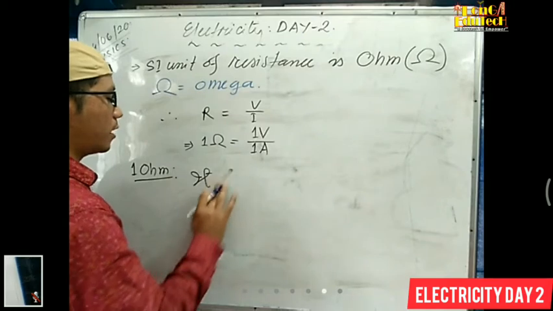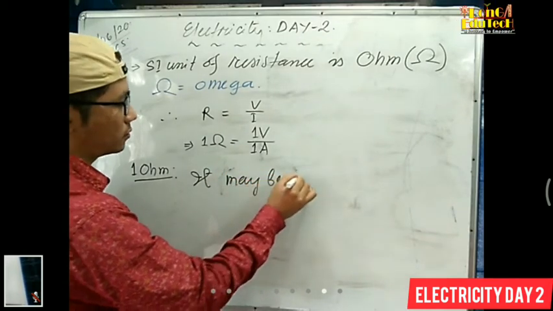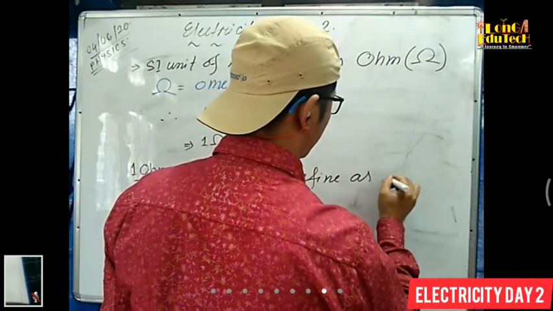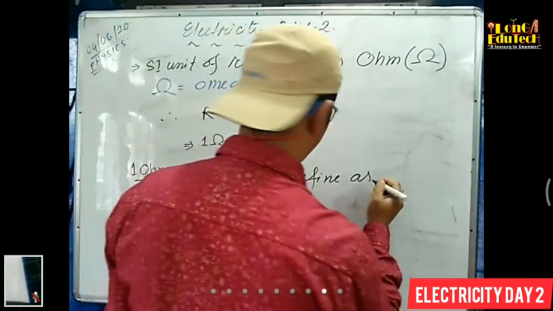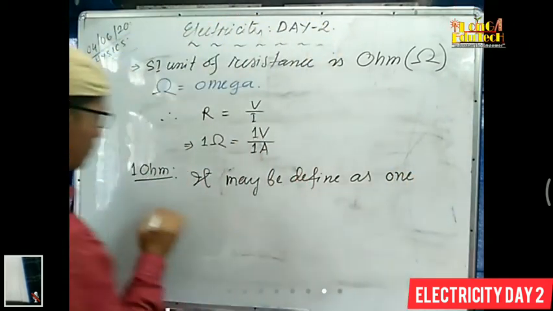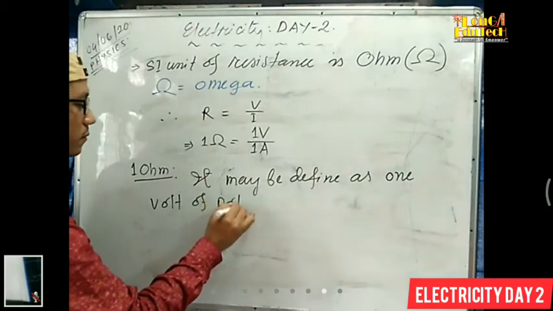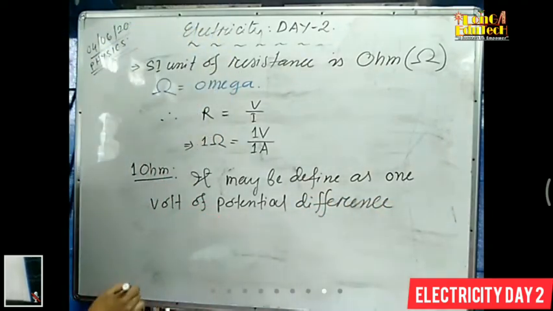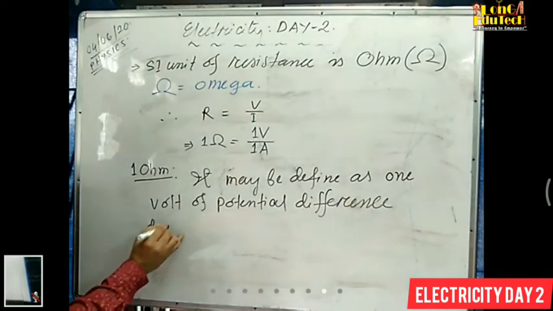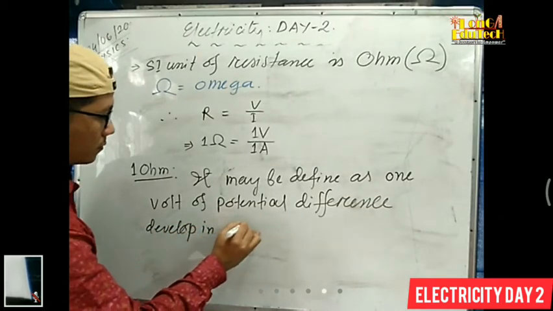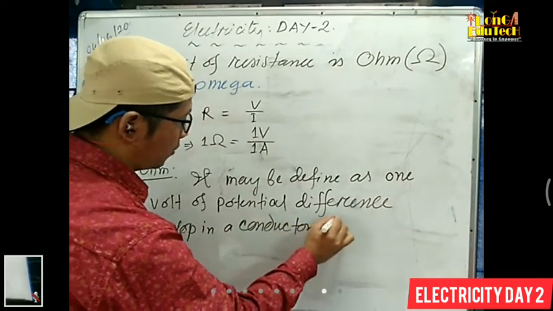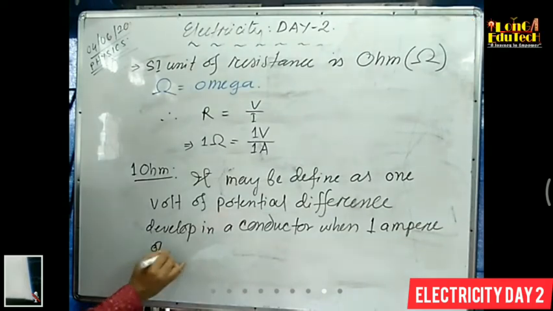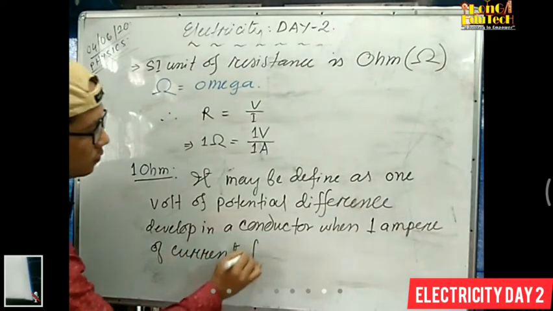One ohm may be defined as 1 volt of potential difference developed in a conductor when 1 ampere of current flows.